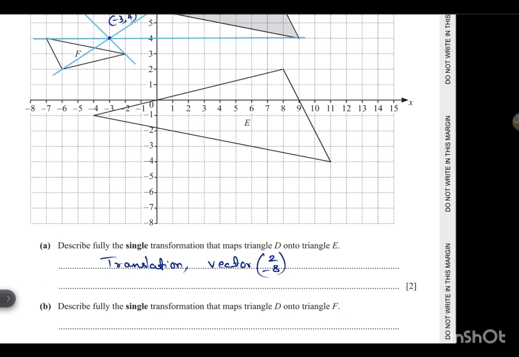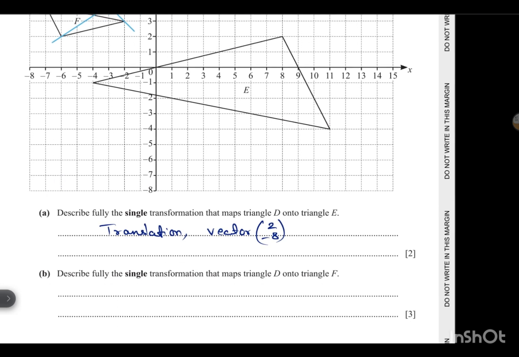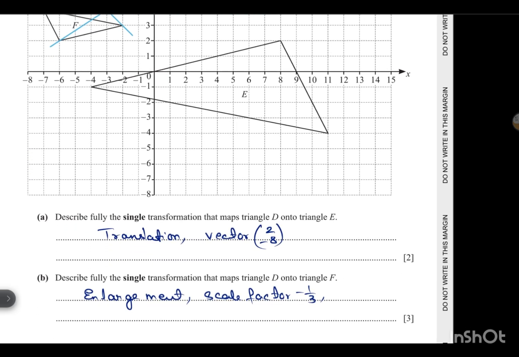So just write down enlargement, scale factor minus 1 by 3, center minus 3, 4. Sorry, my mistake. Minus 3, 4 is the center.